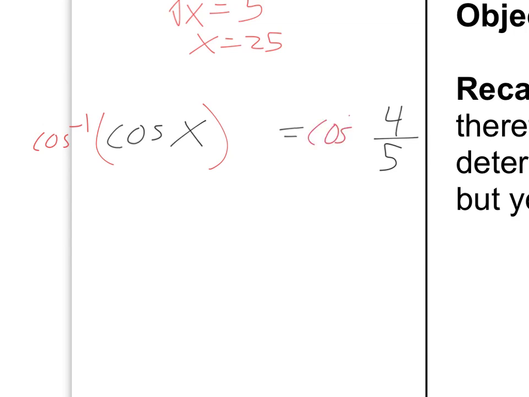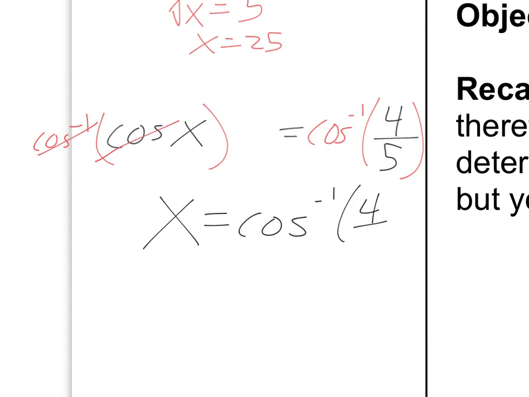That's the button we use in our calculator, which is considered the arc cosine, or the opposite function. We can apply that to both sides, and the arc cosine and the cosine cancel each other out, so you just get x equals the arc cosine of 4/5.